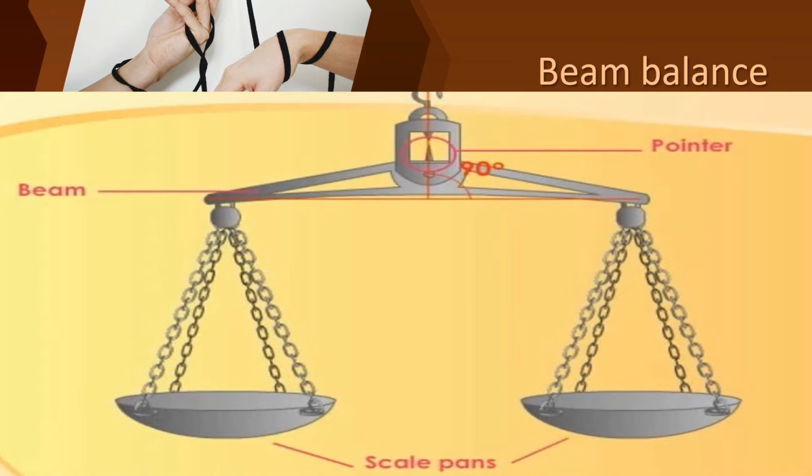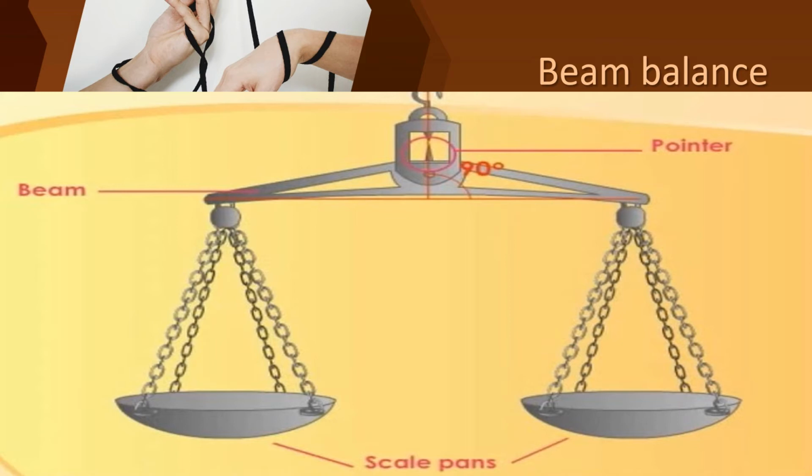If it tilts to the right or left, the mass is more than you need, so you should correct it. So when will you get the correct measurement? If both pans are equal and the beam is horizontal, you will get the accurate measurement.